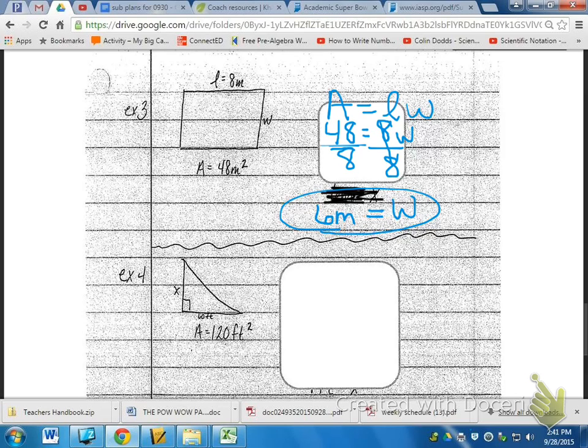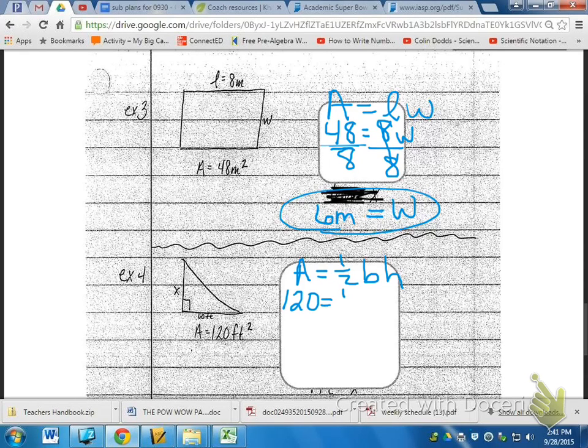Okay, we've got one more. Triangle. You want to do it? Okay, what's the formula for area of a triangle? One-half base times height. What can I plug in for A? 120 times 1/2.